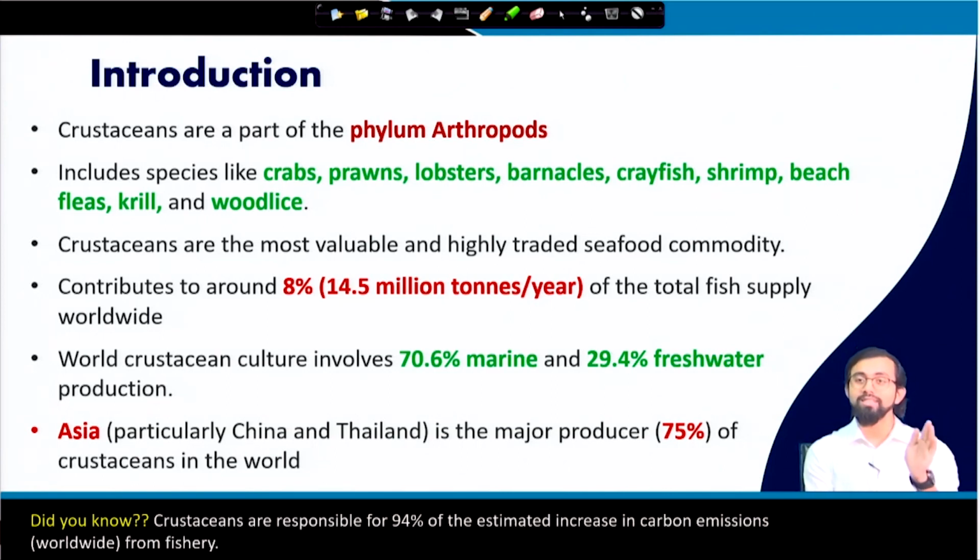So it has a good part as well as a bad part, pros and cons. The pro is that it's a major source of seafood supply for most of the world. However, it comes with a huge disadvantage of becoming a major carbon emitter in the world.